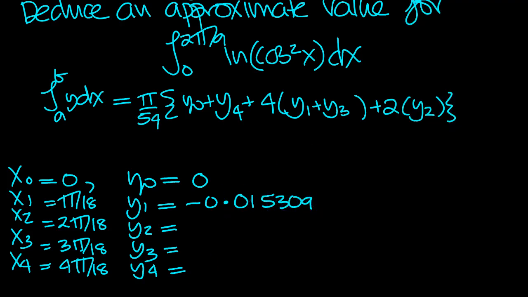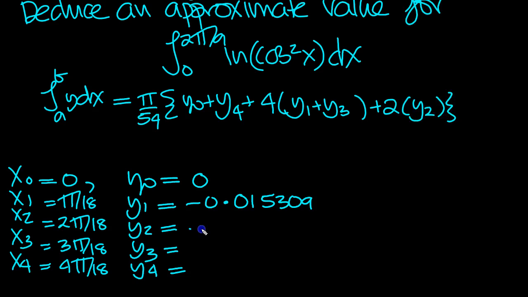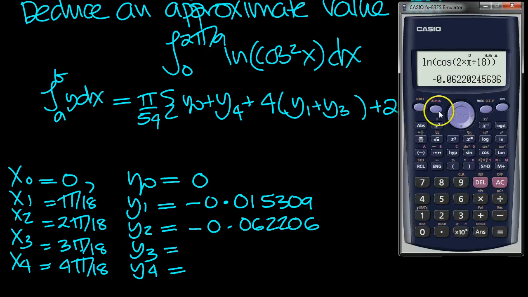Next one is 2 pi over 18. So toggle back and put a 2 times. That's minus 0.062202, and that's 6 dp again. Next one, toggle back and put a 3 in: minus 0.143841.